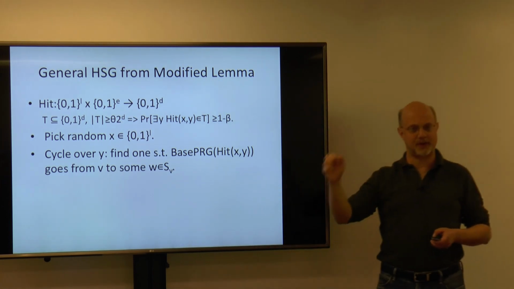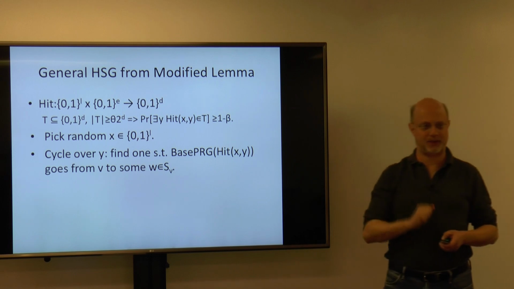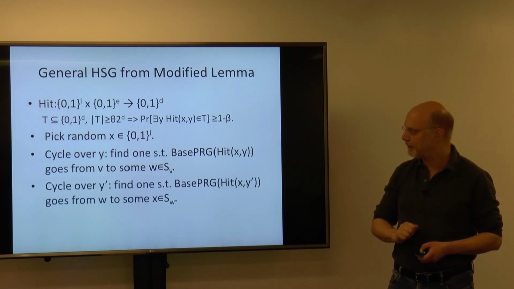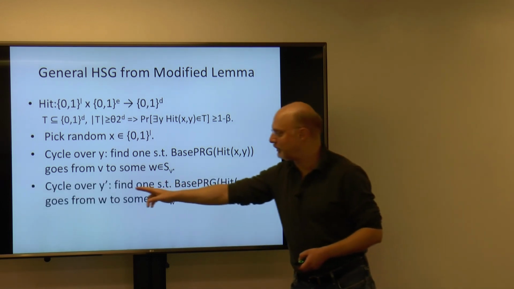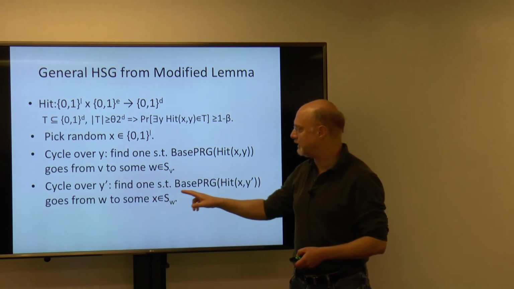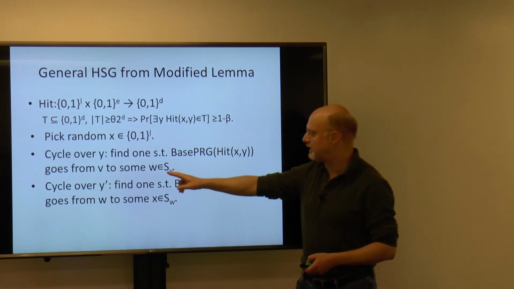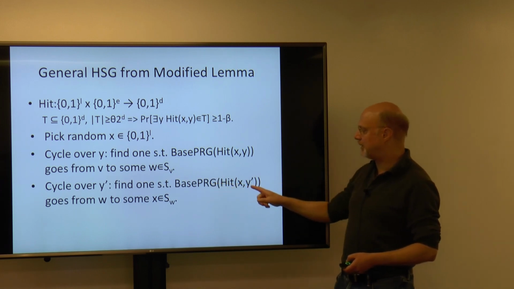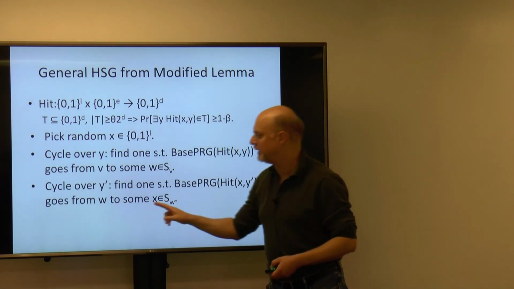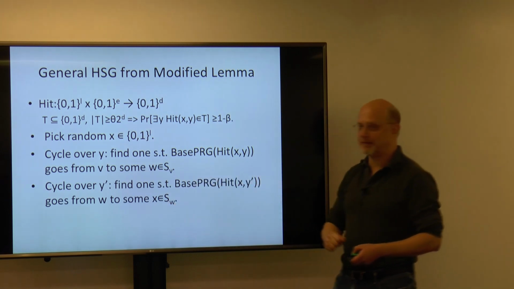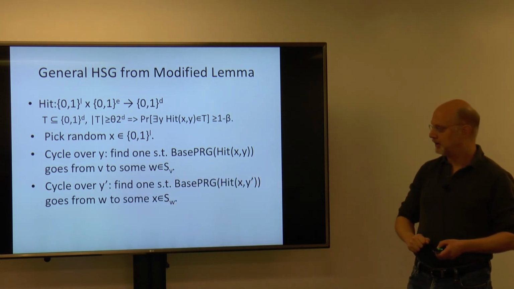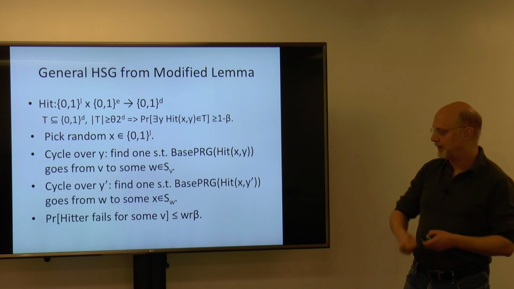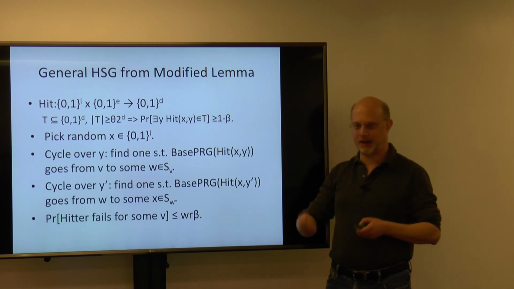So the whole idea is to move from V to SV with good probability. And now we can cycle over y prime. We can find one such that once we get to this W, the base pseudorandom generator takes us from W to some node in SW. Okay, so we keep on doing this, and it should work.